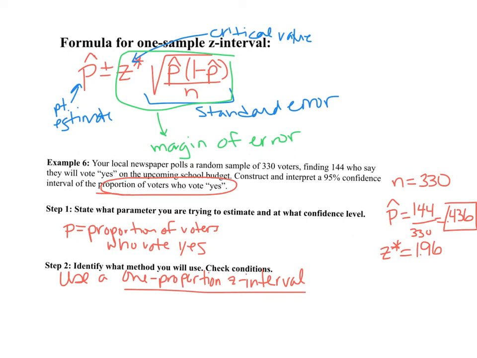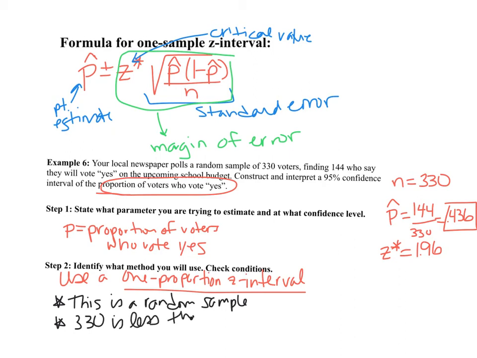And we're also going to check our conditions. So they specifically tell us this is a random sample. We're going to assume that 330 is less than 10% of all voters.